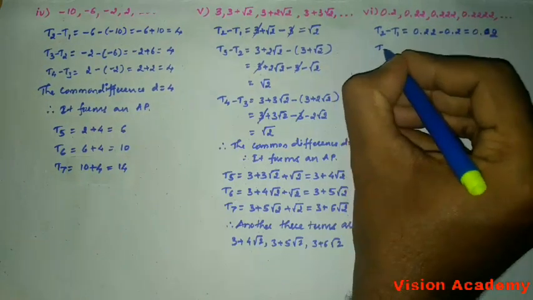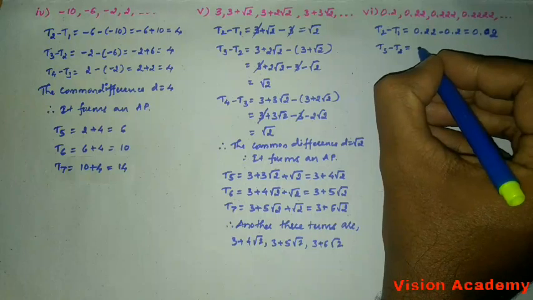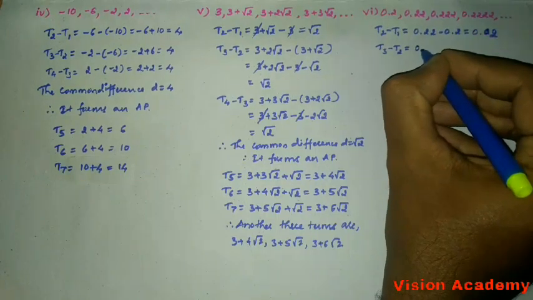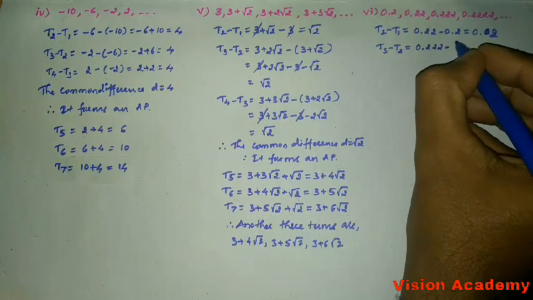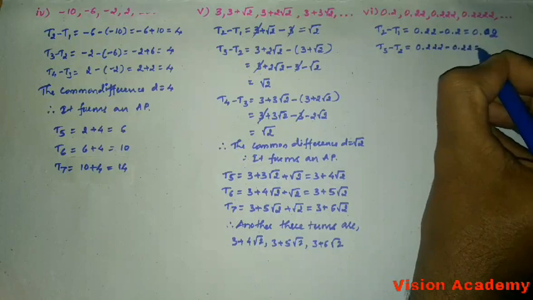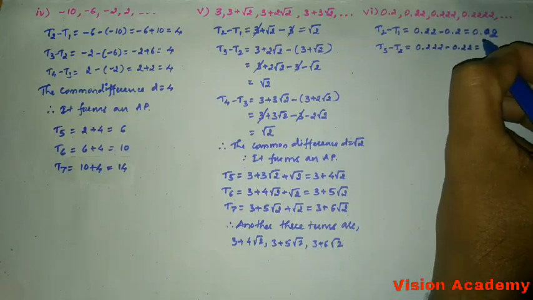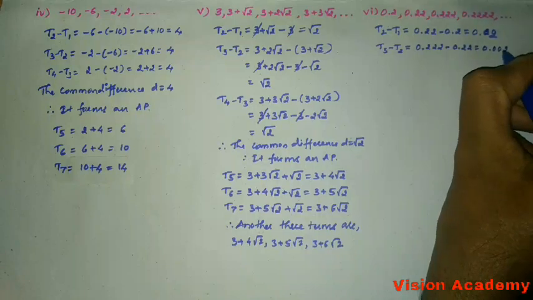Now T3 - T2 is equal to, here T3 is 0.222 minus T2, which is 0.22, which is equal to 0.002.